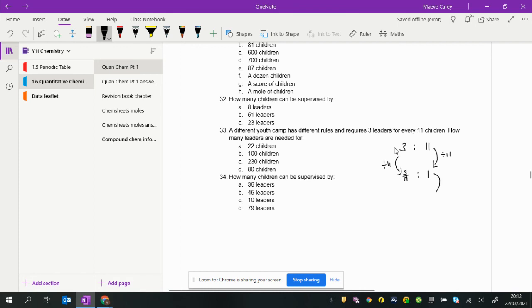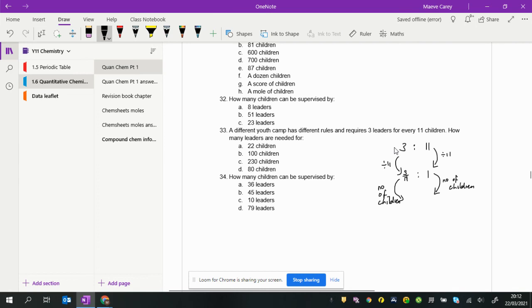Each question will ask for a certain number of children, say for A, it's 22. So you multiply by the number of children here, and the same over here. You do the same to both sides, and you will get your answer.